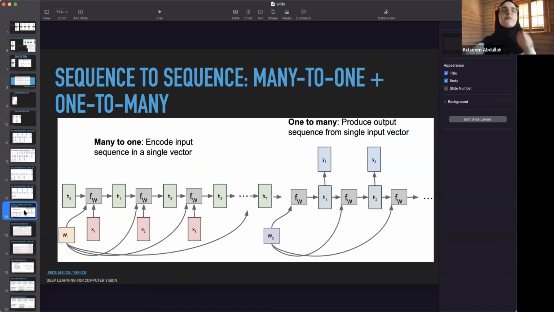Okay, this is something where, say you have the language translation example, the sequence to sequence is where you could have a variety of inputs. When I say variety, it means that you don't have a fixed input size, right?